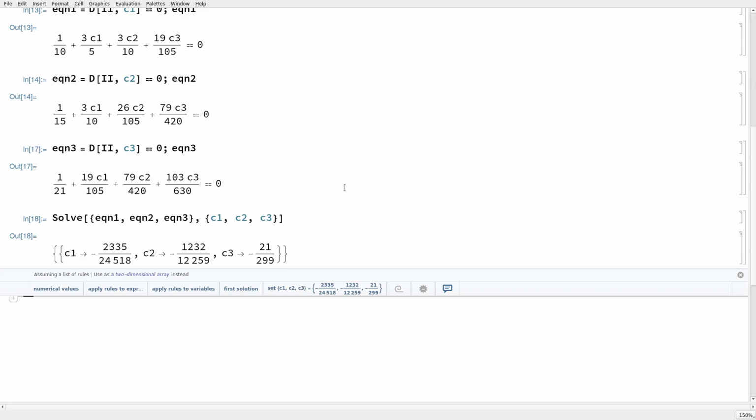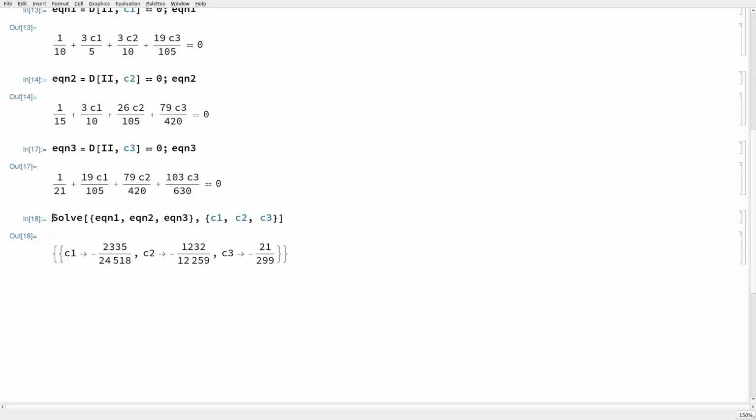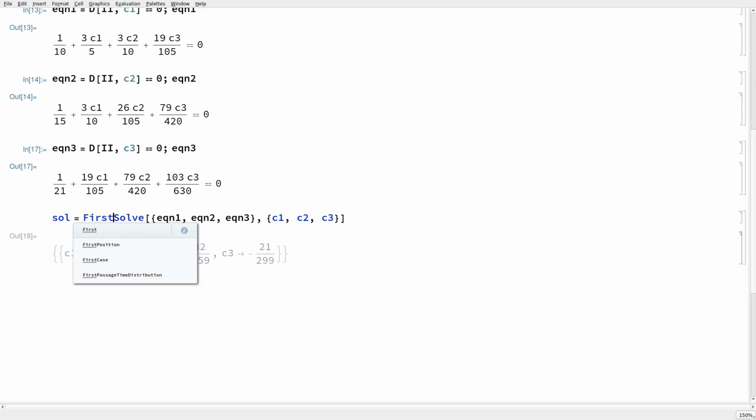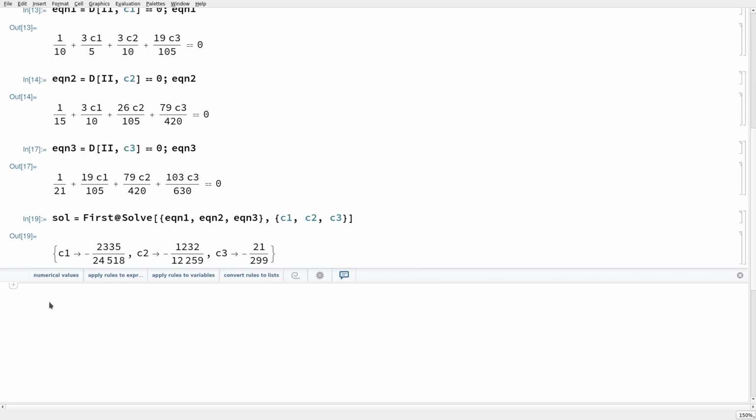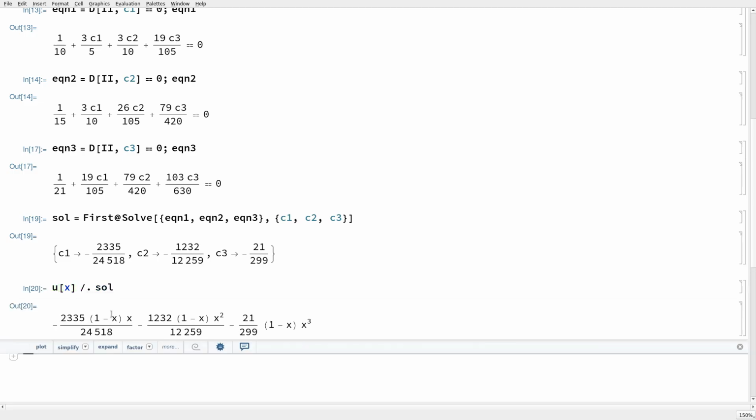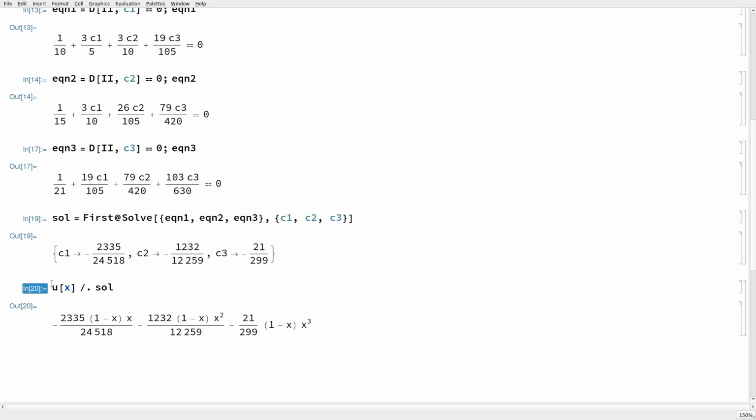So then what I could do is say u of x evaluated with that, and that is the final answer. So this, for example, I could plot on the domain x equals 0 to 1.